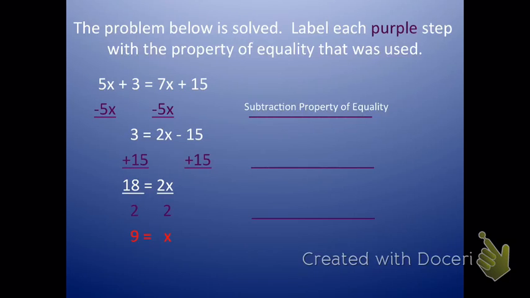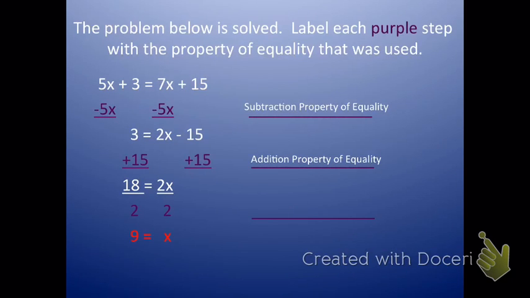So the next line in our equation says 3 equals 2x minus 15. And when we add 15 to both sides of the equation, you're going to use the addition property of equality. When you add 15 to both sides, you would get 2x equals 18.